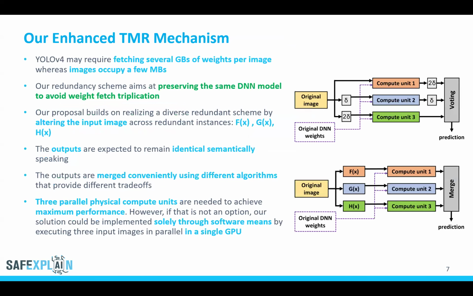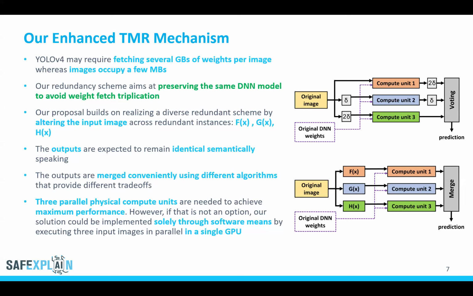So now we will explain our enhanced TMR mechanism. Basically, YOLO version 4 may require fetching several gigabytes of weights to process each image, whereas the image occupies just a few megabytes. So our redundancy scheme wants to preserve the same DNN model to avoid having to duplicate or triplicate the number of weight fetches.